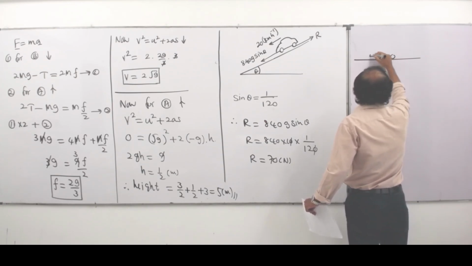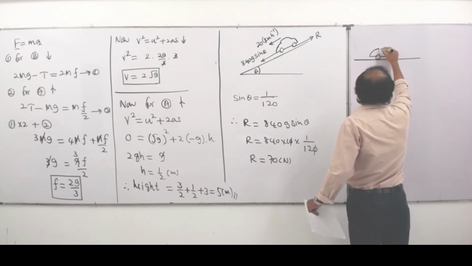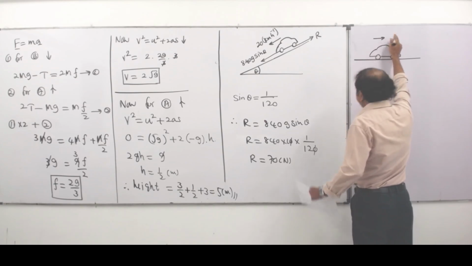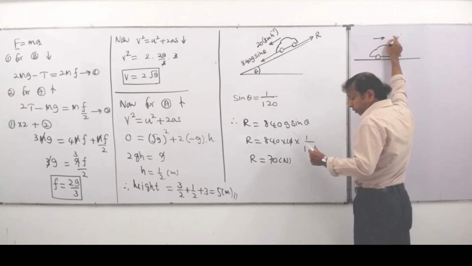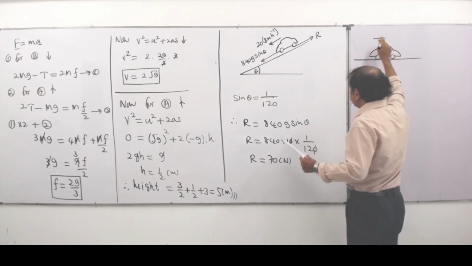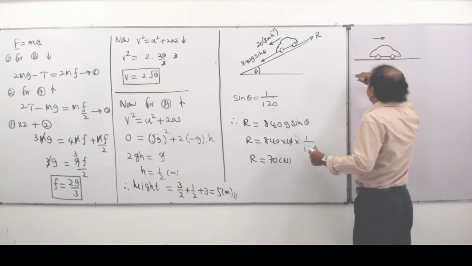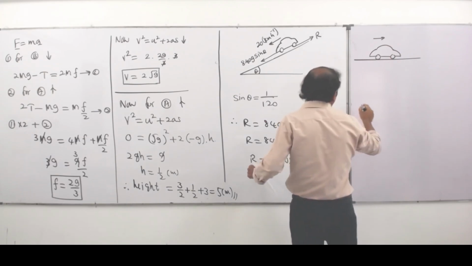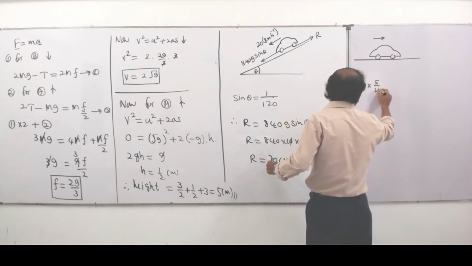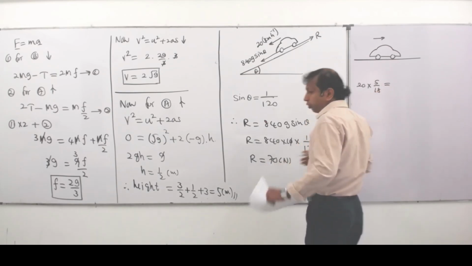Right. Car moves on a horizontal road. With what velocity? Same velocity, no? Right. Same speed, 20 kilometers per hour. People, 20 kilometers per hour, we can convert to meters per second. We should multiply by 5 by 18 to convert this to meters per second.